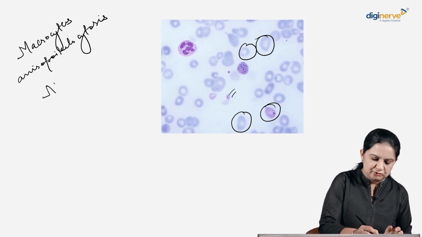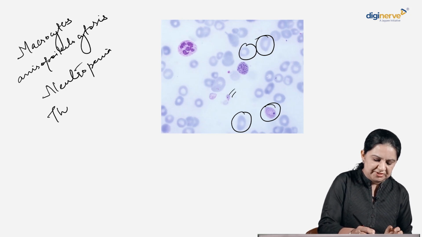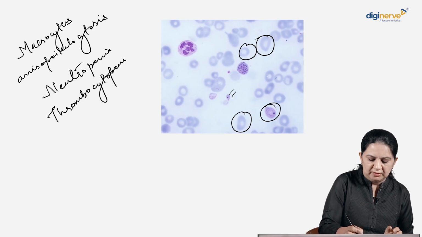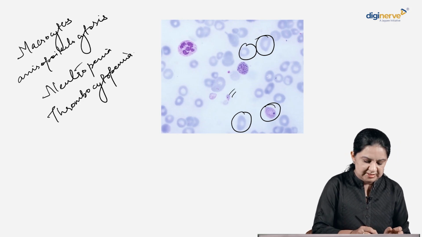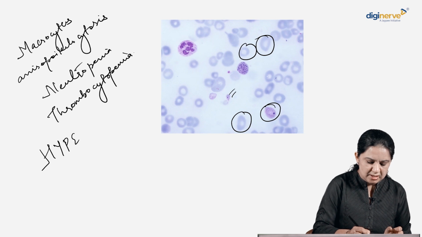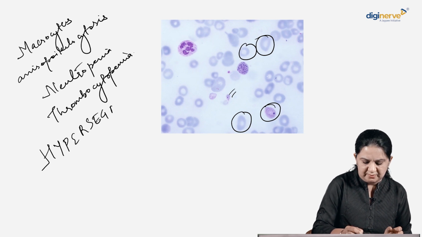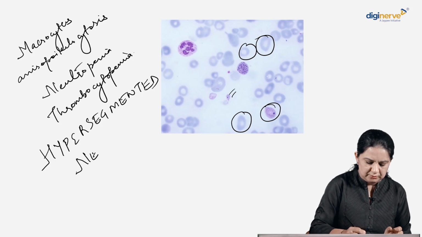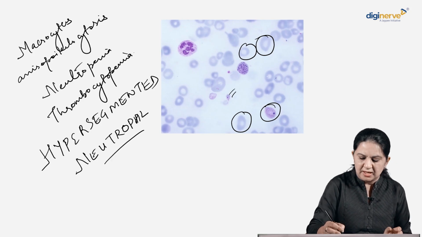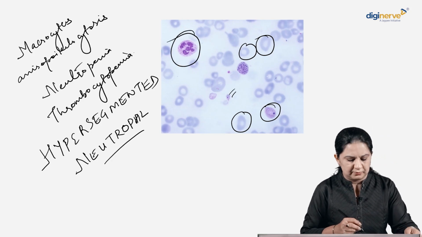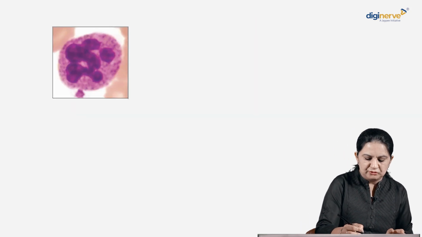Plus you will also see neutropenia and thrombocytopenia. But what is the characteristic of megaloblastic anemia? Yes, it is the hypersegmented neutrophil. This is the characteristic. Neutrophils usually have 2 to 3 lobes.